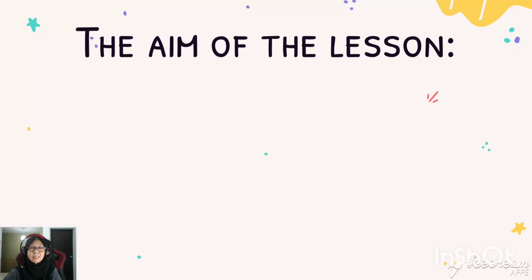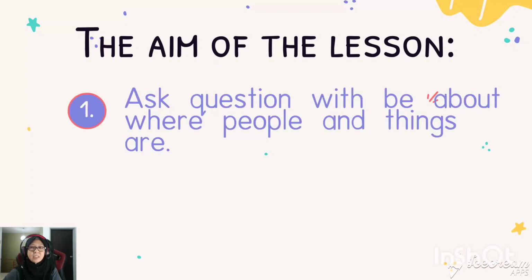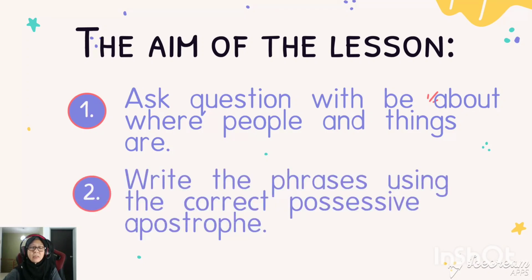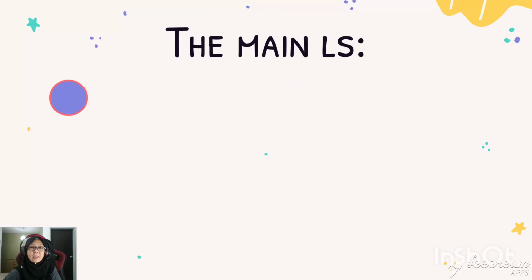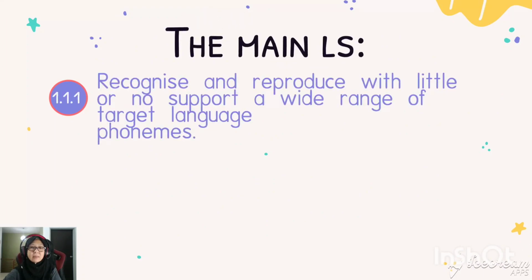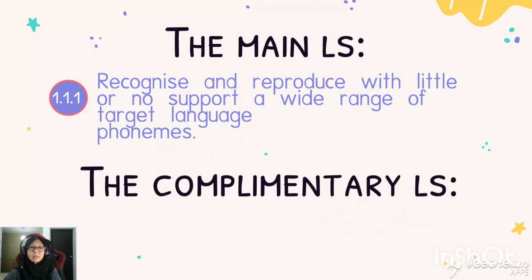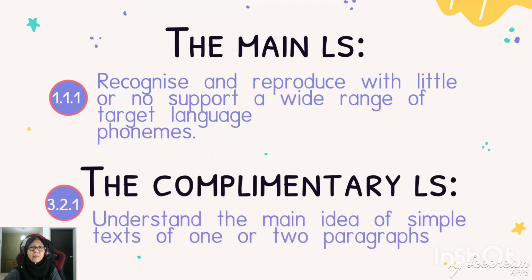The aim of the lesson: ask questions with be about where people and things are, and write the phrases using the correct possessive apostrophe. This is the main and the complementary for the lesson.